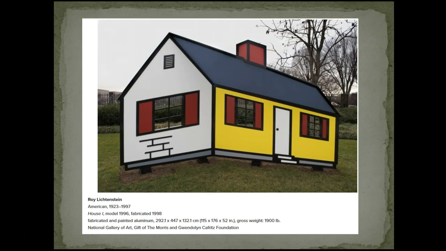But when you build something, make a sculpture, then it's automatically going to be a form because it really does have a three-dimensional shape. So this one looks like a house designed by the last artist we looked at. But it is not. It is an American artist named Lichtenstein, and he did a lot of really cool stuff if you want to look him up.